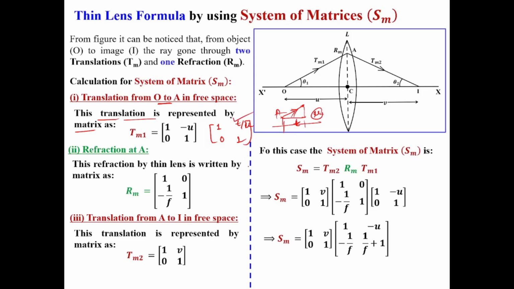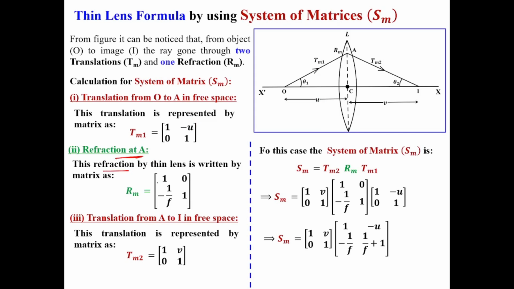Here we considered mu is 1, that means this medium is vacuum or air. Here t is this length, whose magnitude is u, but as we are taking it towards left, according to sign convention we have to consider minus u.